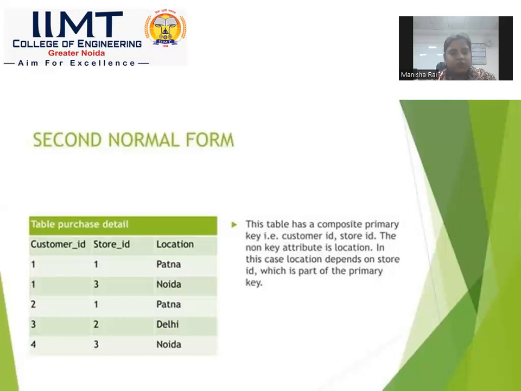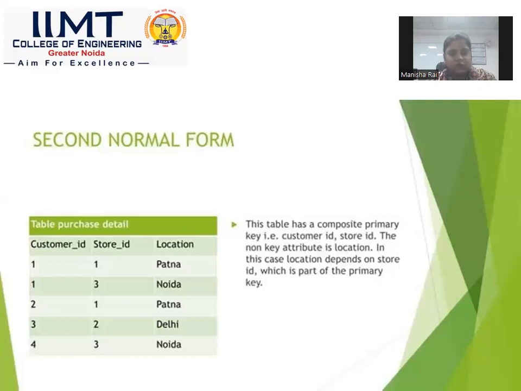Prime attributes always give a reference to non-prime attributes. But if we look carefully, we can see that the store ID, which is a part of the prime attribute, also gives a reference to location by itself, which is not allowed, and it shows the chance of partial dependency, because store ID is only a part of the composite primary key. So alone it cannot give a reference.